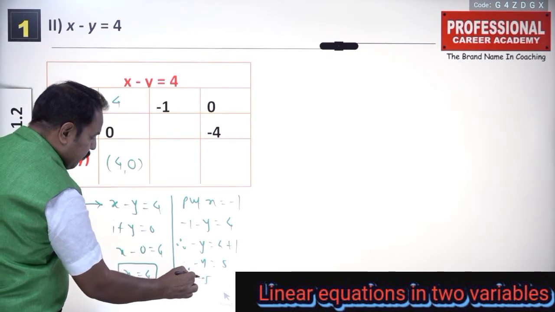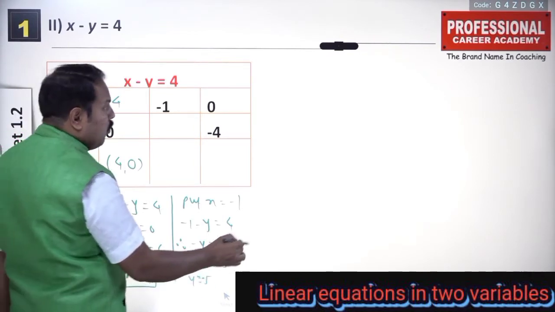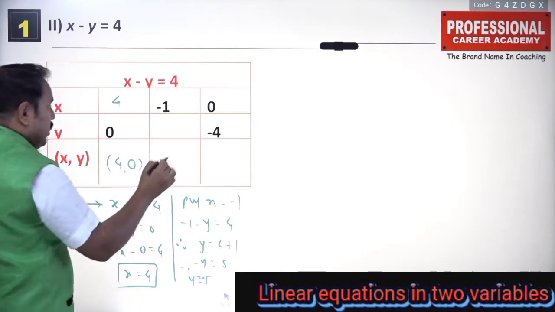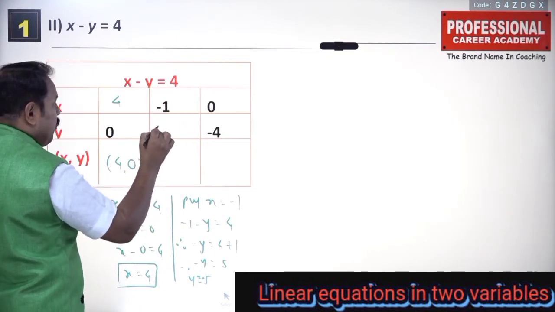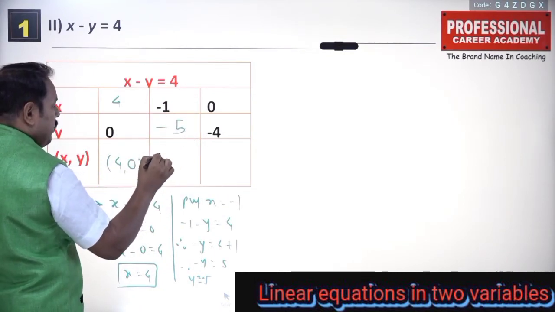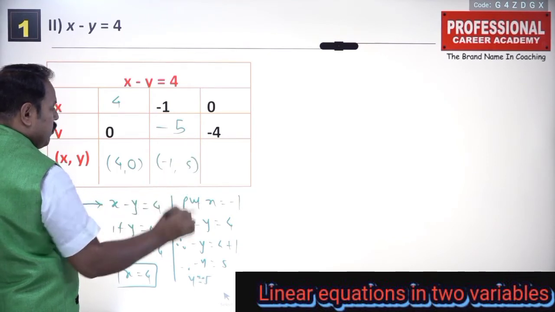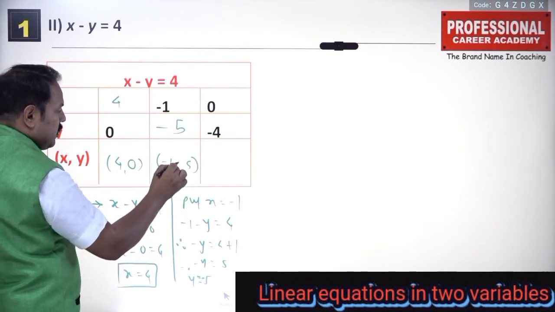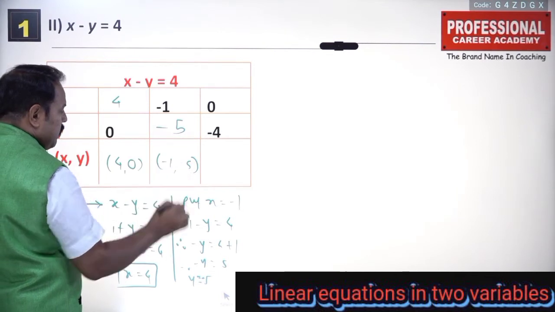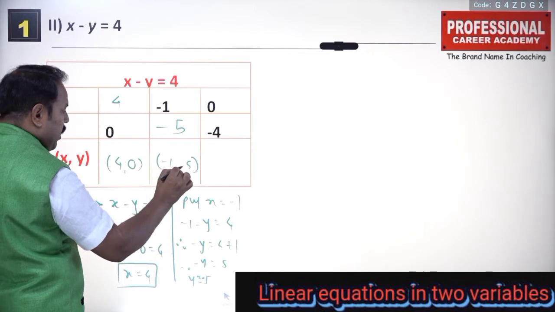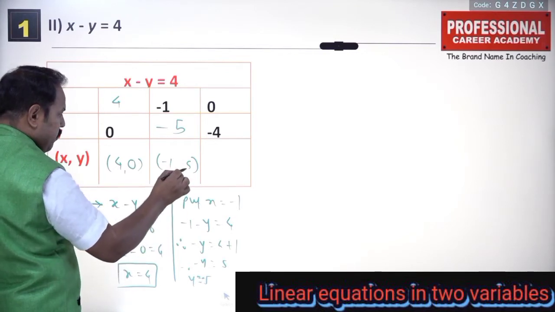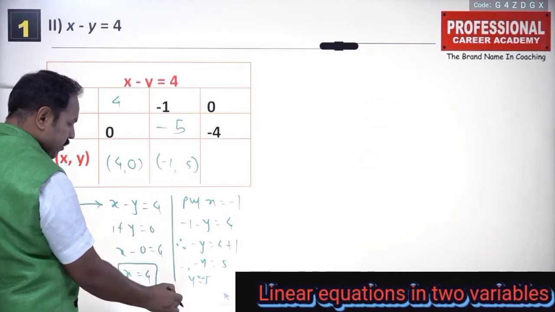Sorry, y is equal to minus 5. What is the second point? So it is (-1, -5). Right? See here.